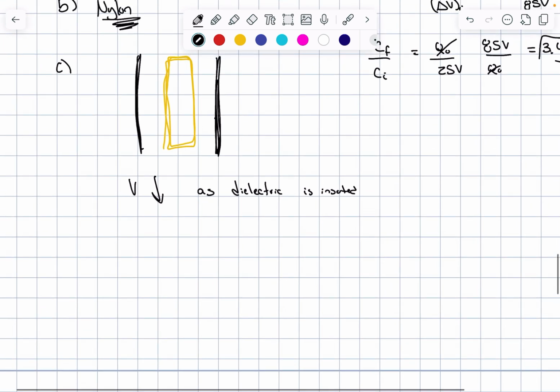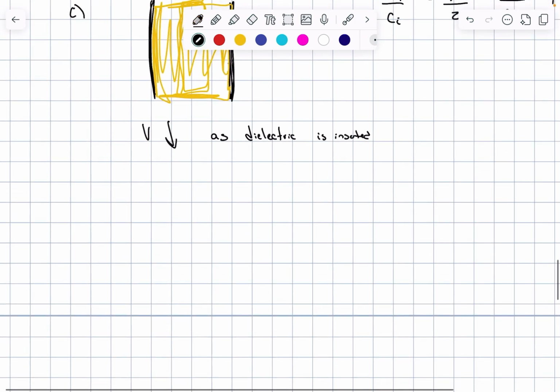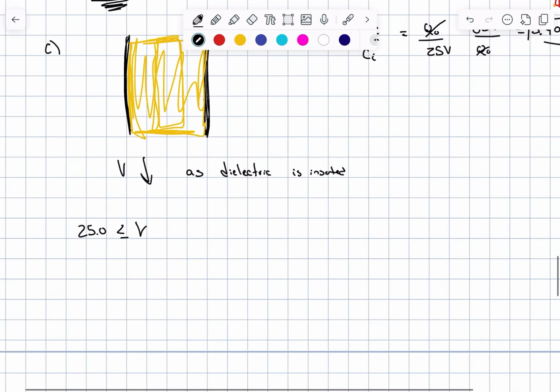So whenever the dielectric material covered the entire space, V was at its absolute lowest, which is 25 volts. So 25 volts is the absolute lowest our potential difference can get, and that is when our dielectric fully fills the space.